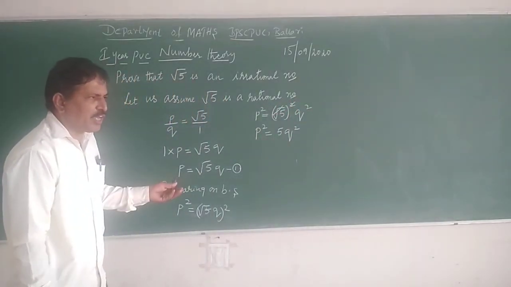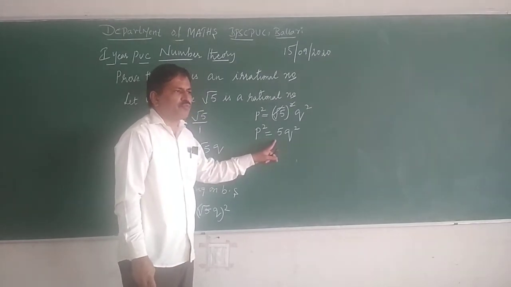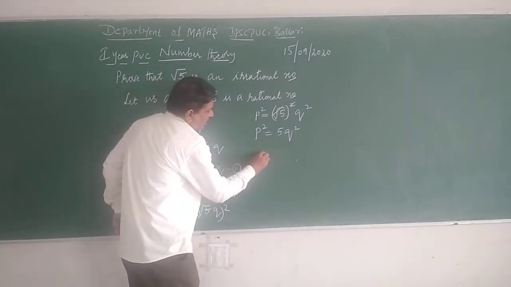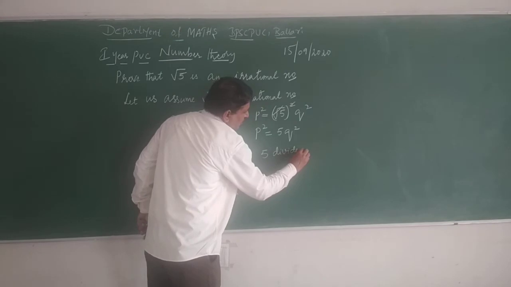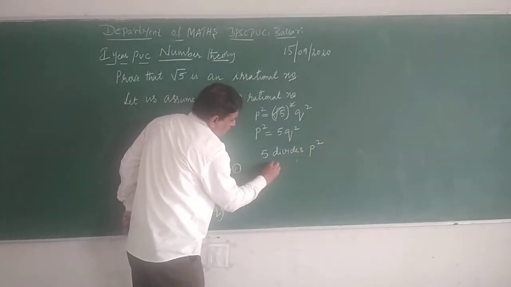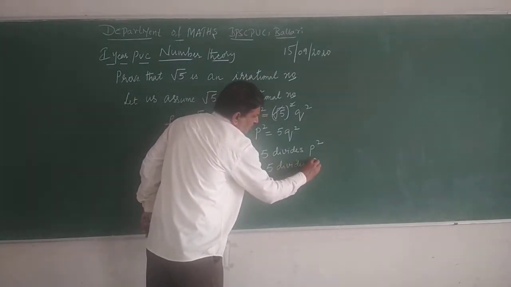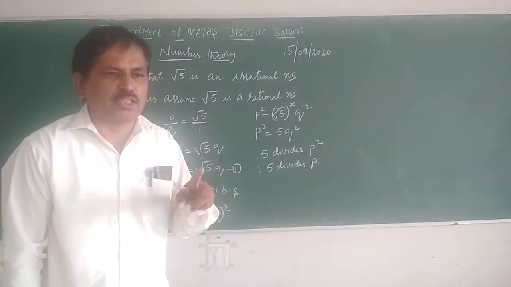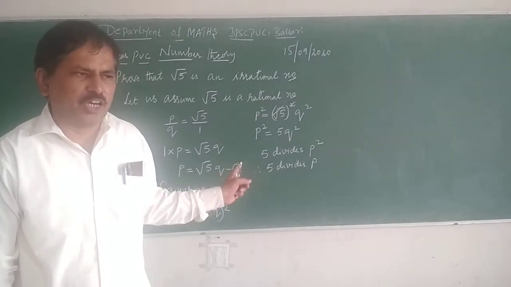So very clearly we can tell that 5 divides p square. So therefore 5 divides p. When 5 divides p, that means we got a factor other than 1, which is 5 this time.